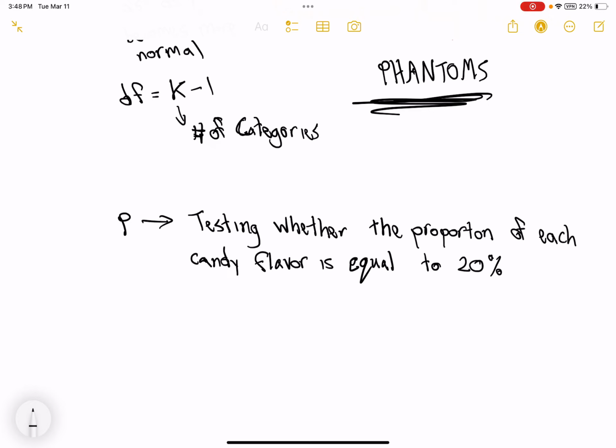Because that was the claim, that there's a 1 in 5 chance of each flavor. They are all equitable out of 5 flavors, and that amounts to a 20% chance, right? So that's what we're testing.